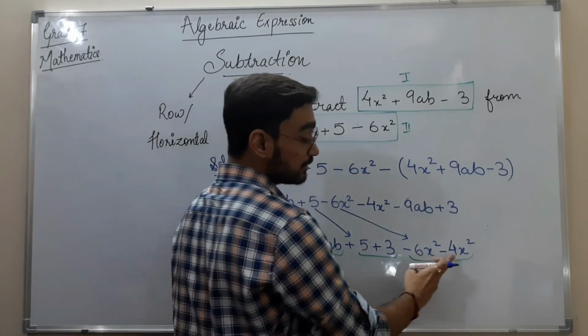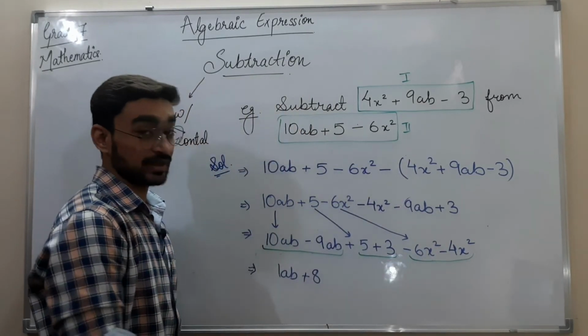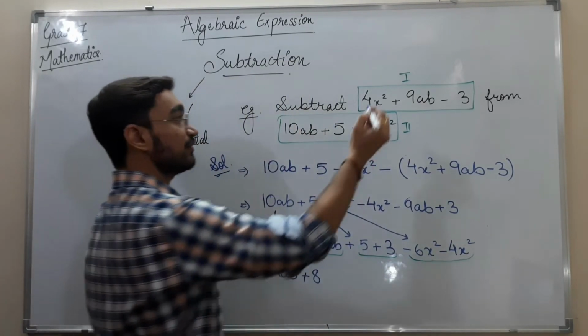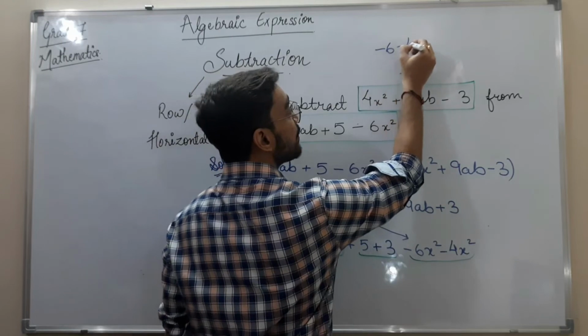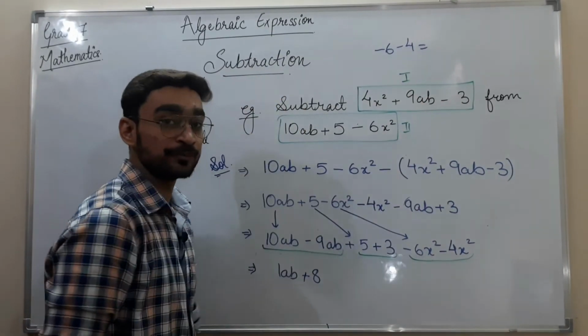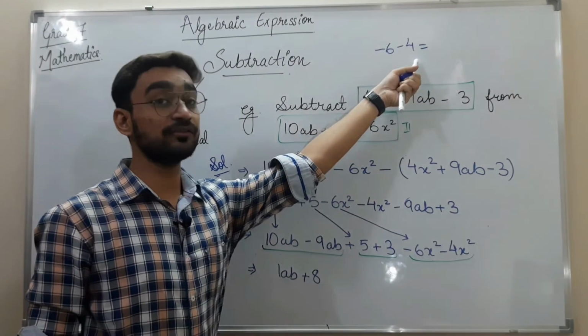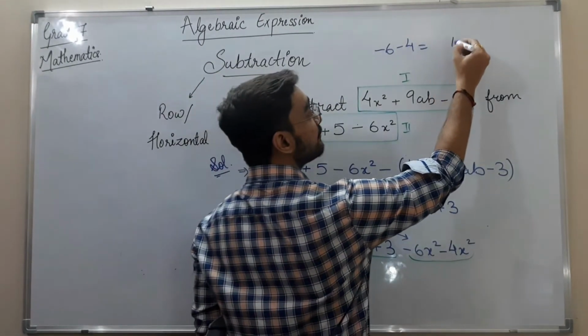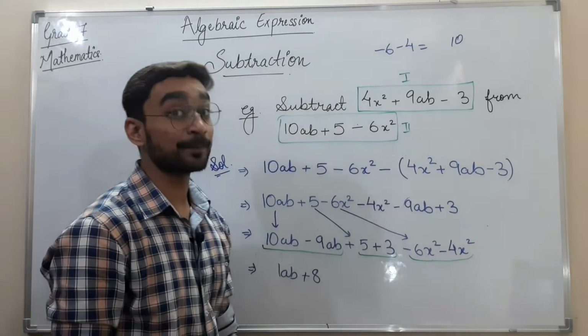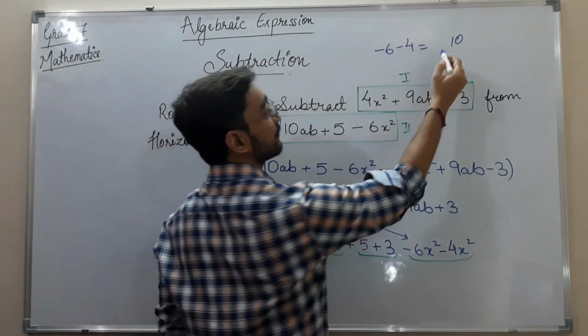Now minus 6 minus 4. If I am writing here minus 6 minus 4, how much will it give? Minus minus will always become plus. So 6 plus 4, 10. Will 10 be negative or positive? It will be negative. Very good.